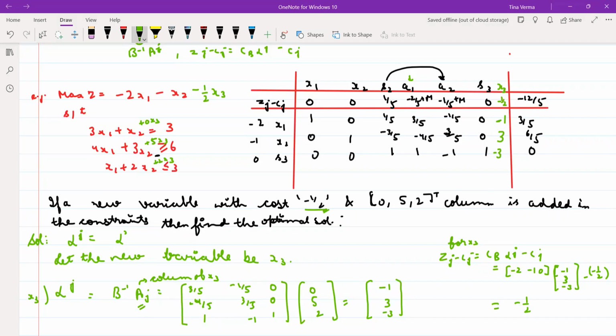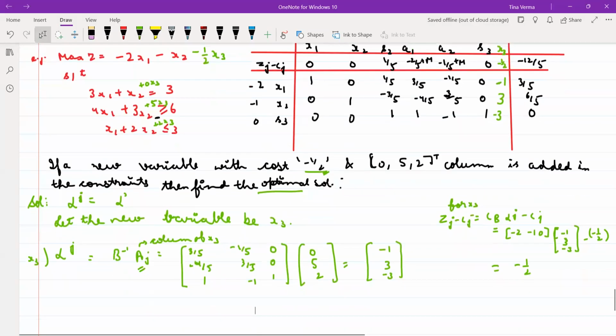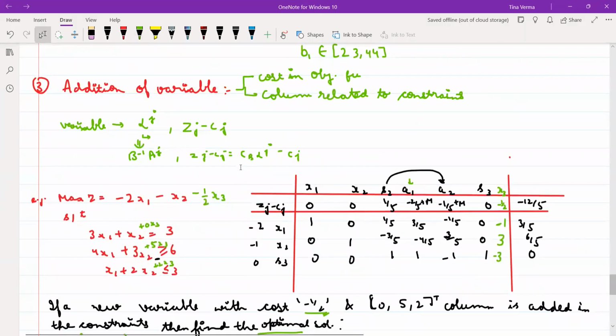Since you have to find its optimal solution, you can notice in this example that this cannot be optimal. Why is it not optimal? Because the question was of maximization. The optimal solution exists if all Zj minus Cj are greater than or equal to 0.